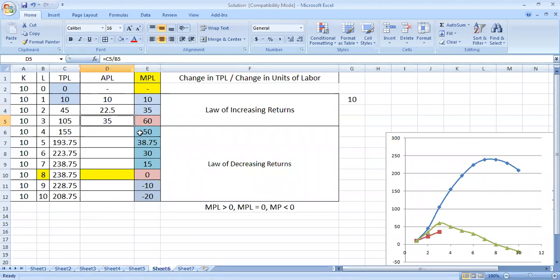And let us continue this particular column, right? So here you could see that the entire values have been found for average product of labor. Let me reduce it to 2 decimals so that no confusion can be experienced.